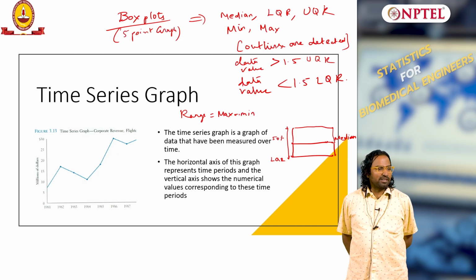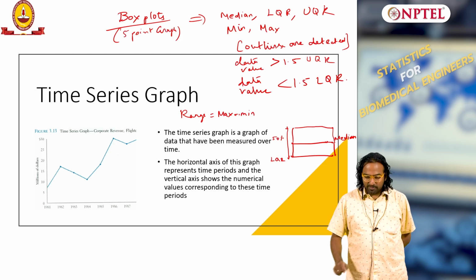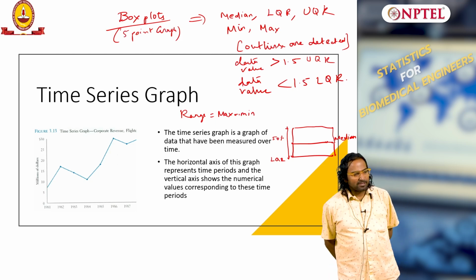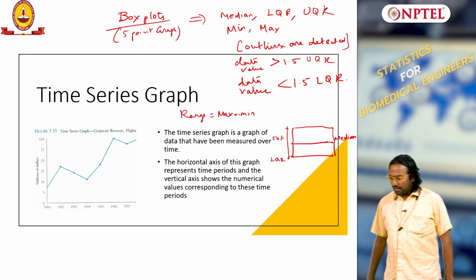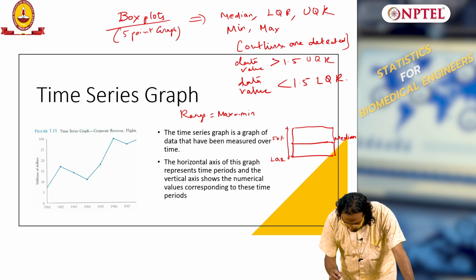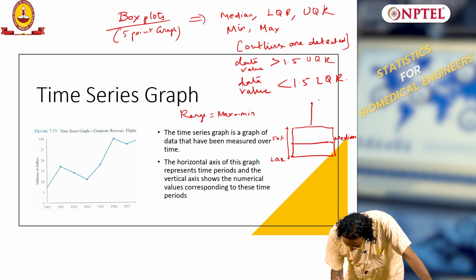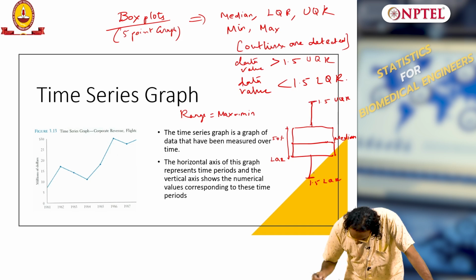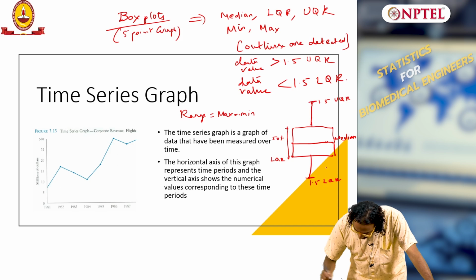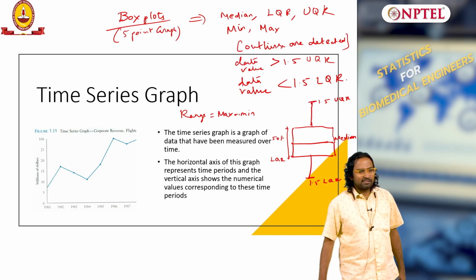Is it the min and max of the data? This min and max is different. The max minus min range is different from the min and max plotted in the graph. What is min max? We actually extend it up to 1.5 times. So, this is what we typically call min and the other one max.